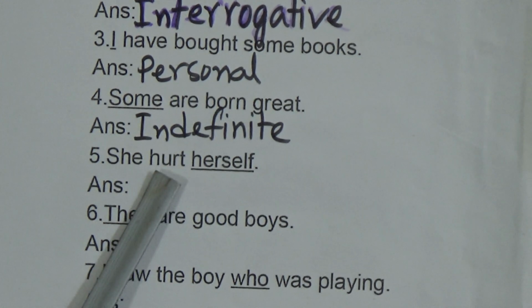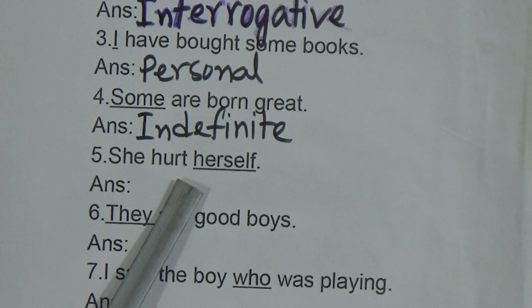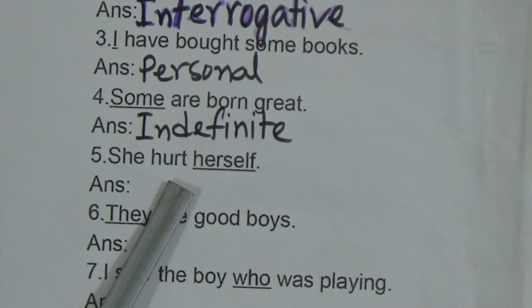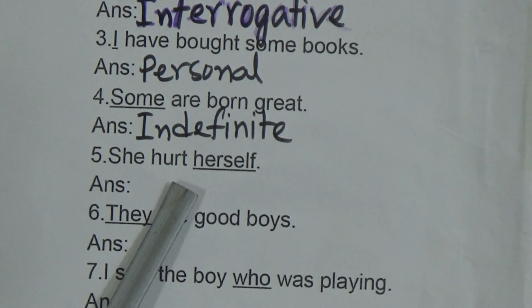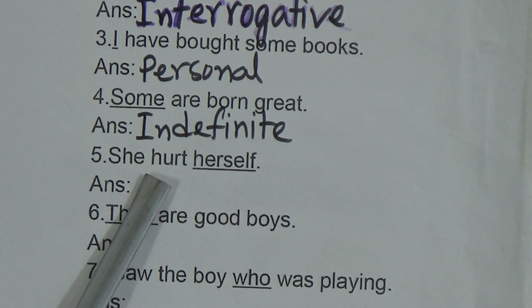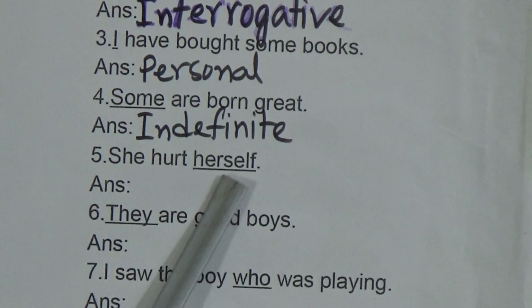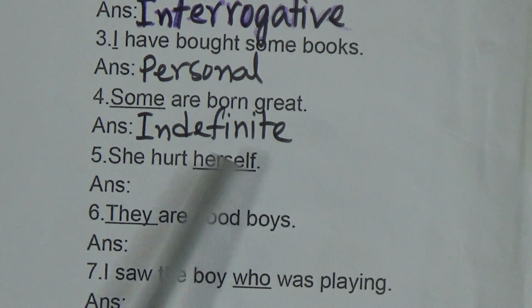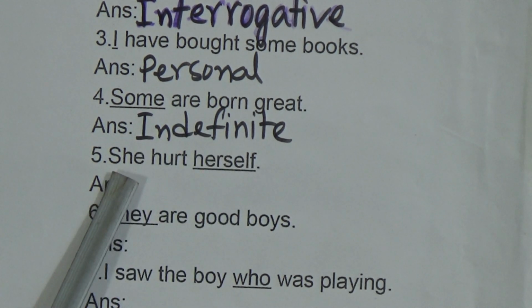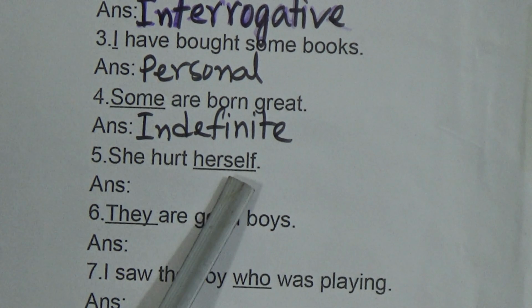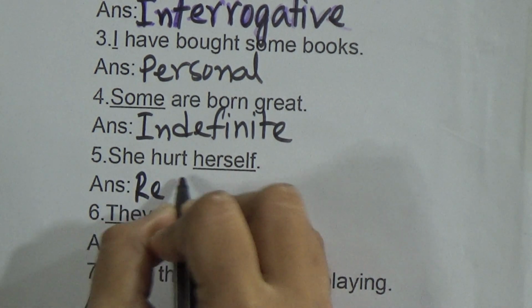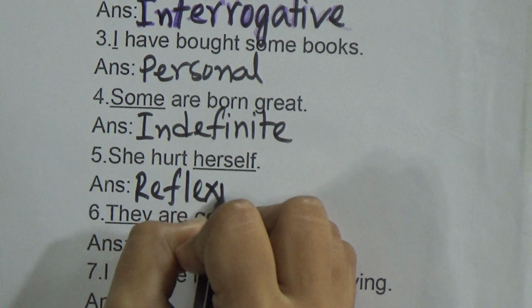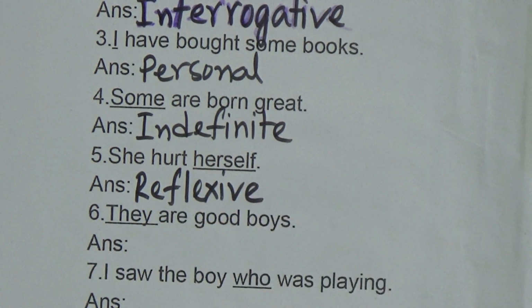That means reflexive pronouns are the pronouns in which the action done by the subject reflects upon it. Now look, she hurt herself. Herself refers to that she, so it will be reflexive pronoun. So we will write here reflexive.